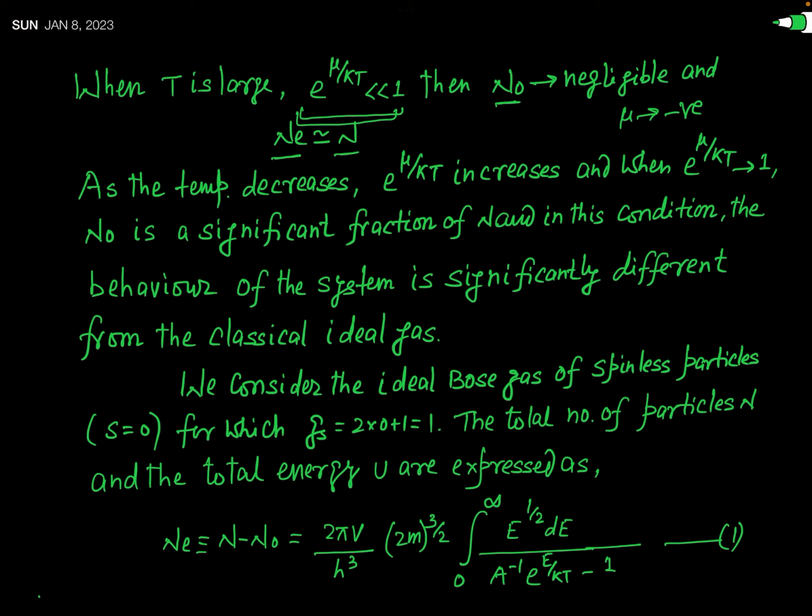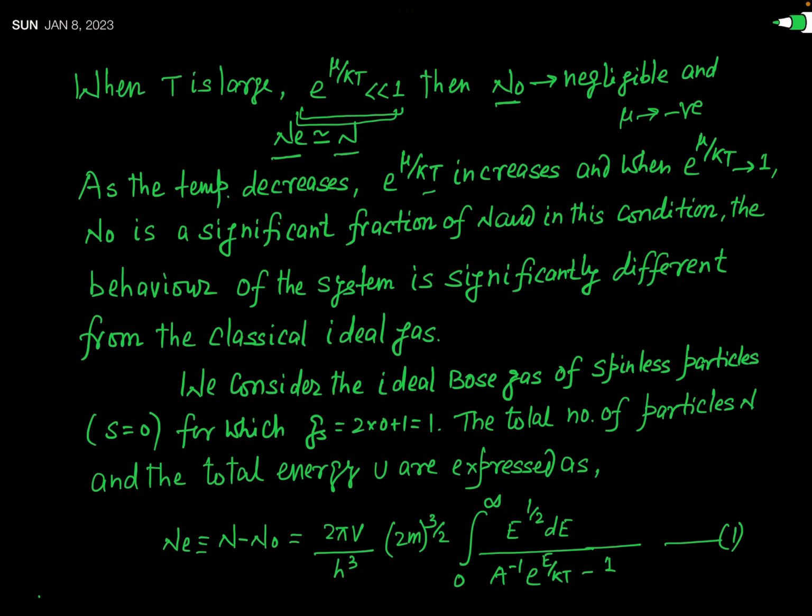But let us think what will happen when you increase the temperature. As the temperature increases, e to the power mu by kT will increase, and it will never be greater than 1.